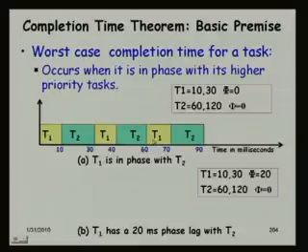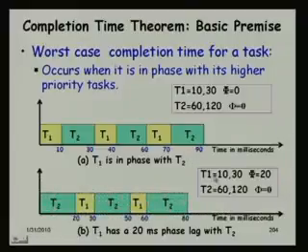If we draw the schedule like this, we will see that T2 will complete at 90 milliseconds, right. It will have the 60 milliseconds of execution at this point, 90. So, that is the response time for T2.